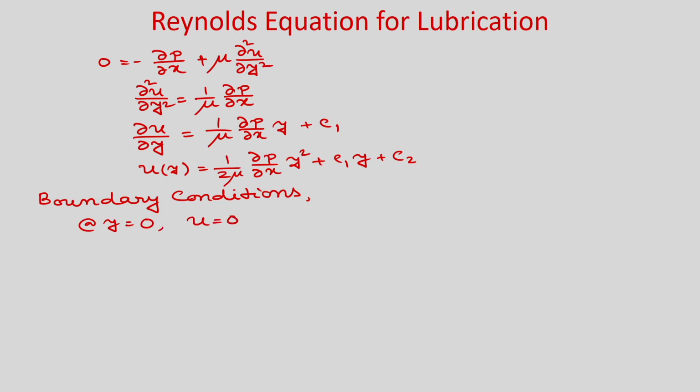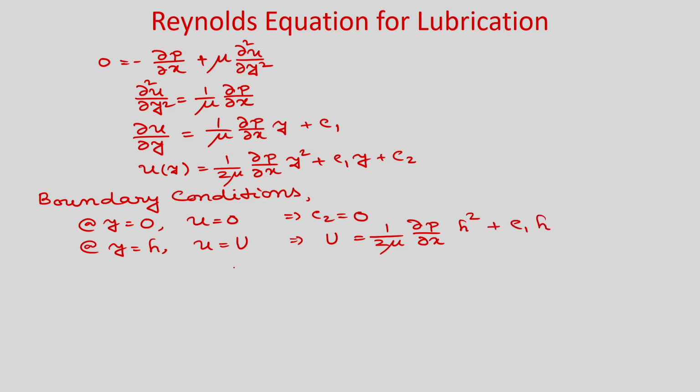If you put u is equal to 0 at y is equal to 0, that will give C2 is equal to 0, and at y is equal to h, we have the velocity u is equal to capital U. So, it will be u is equal to 1 by twice mu del P by del x h square plus C1 into h. That will give C1 is equal to 1 by twice mu minus del P by del x h plus U by h.